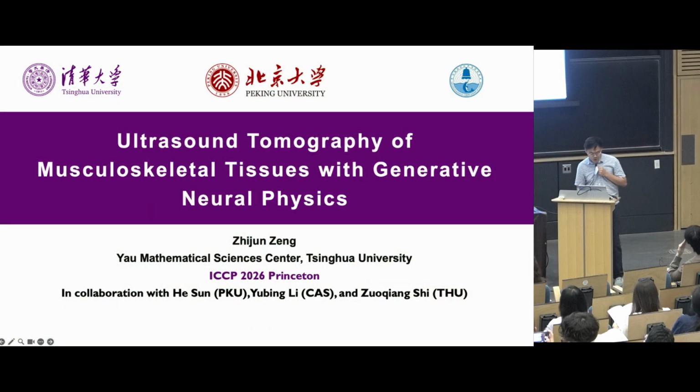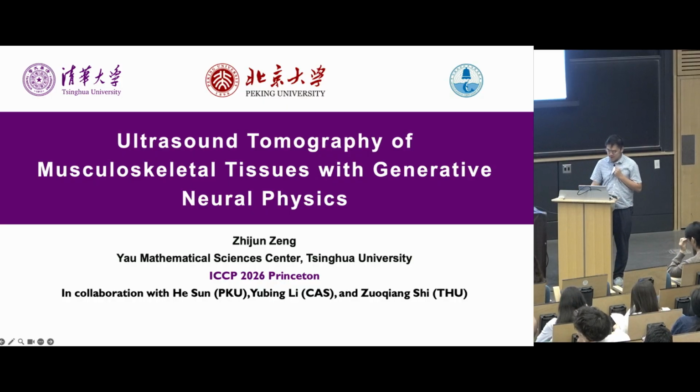Hello everyone, I'm Zhijun Zeng from Tsinghua University. Today I'm very happy and lucky to be the last one to share with you our recent work on leveraging neural networks and generative models to achieve quasi real-time ultrasound tomography of musculoskeletal tissues.